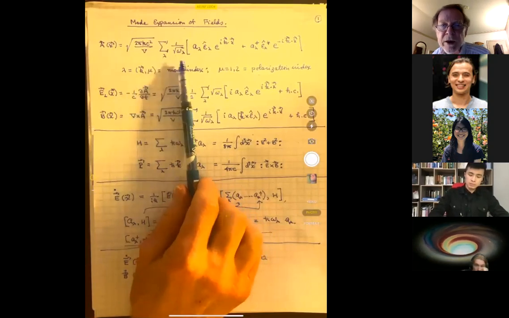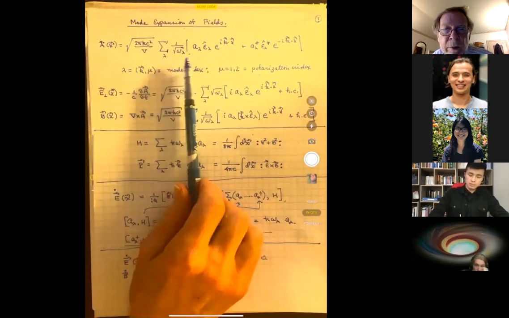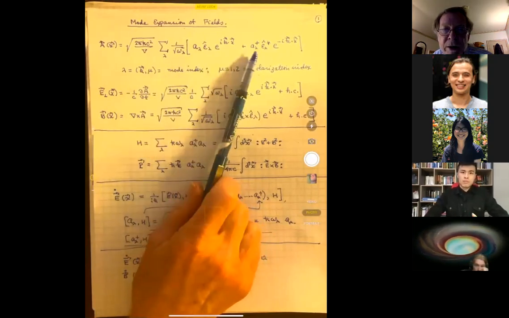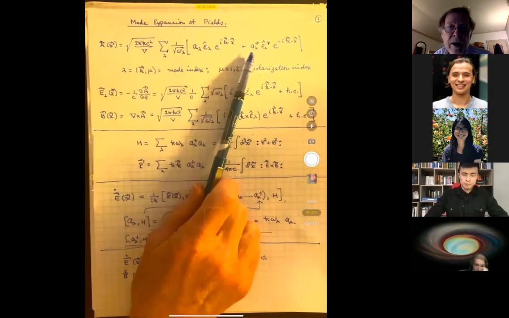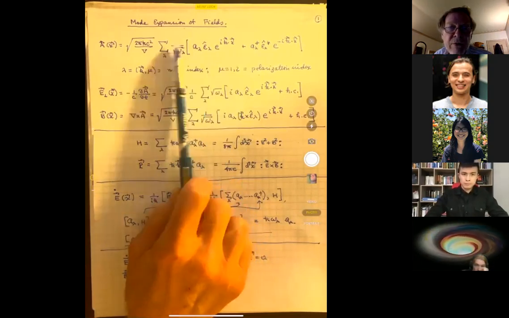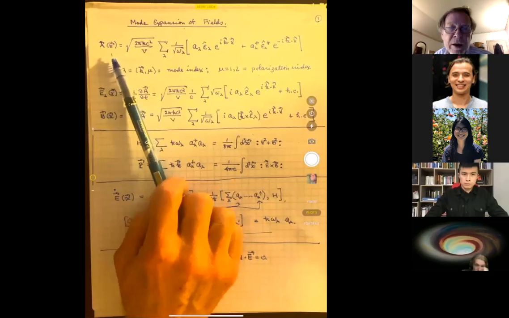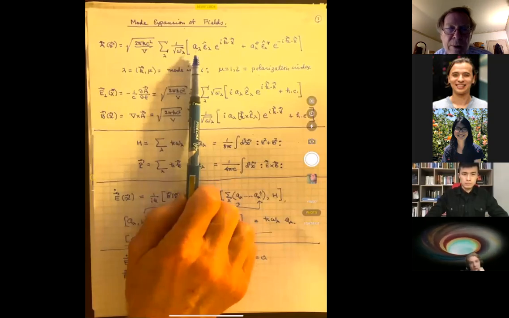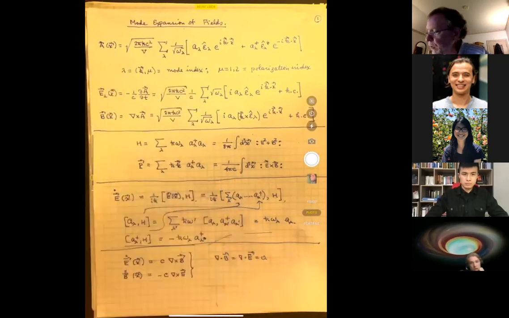So one of the things we want to do is to treat the creation and annihilation operators, which appear here, as if they were Fourier coefficients of a Fourier series of A. I mean, they're proportional to that. So let's treat them in the same way that we would the coefficients of a numerical Fourier series, except now these are operators.